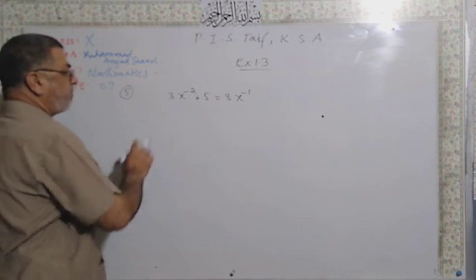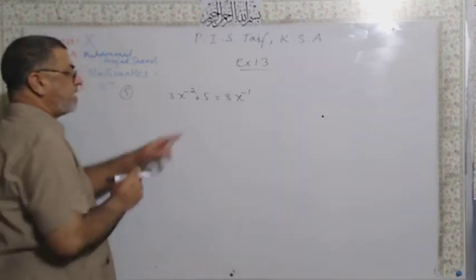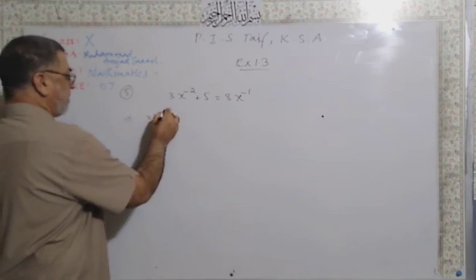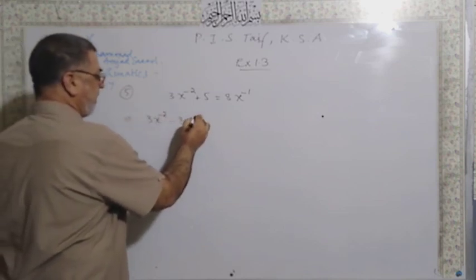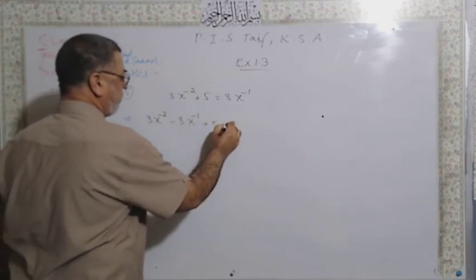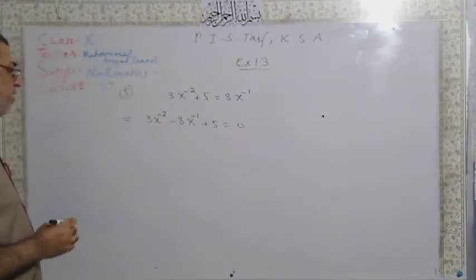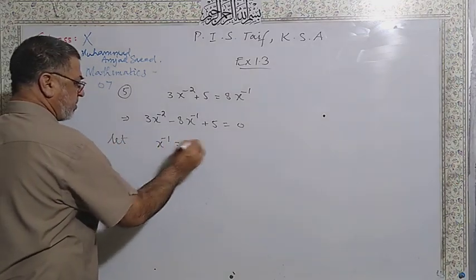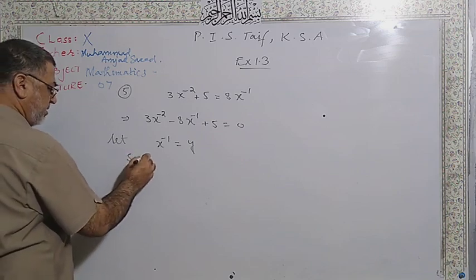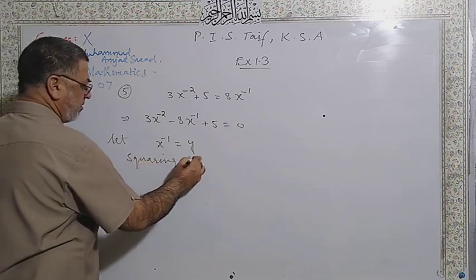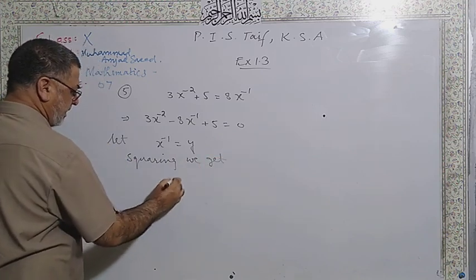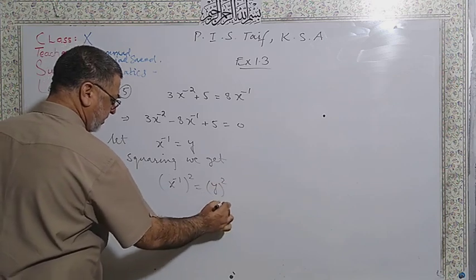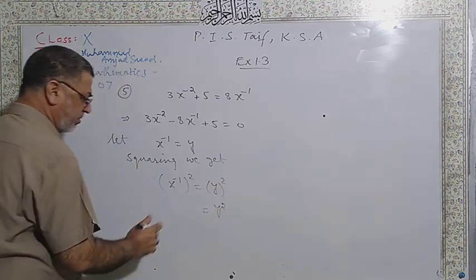First of all, we will bring this 8x^(-1) to the left hand side. We have 3x^(-2) - 8x^(-1) + 5 = 0. Now we will substitute, let x^(-1) = y. Squaring, we get (x^(-1))^2 = y^2.